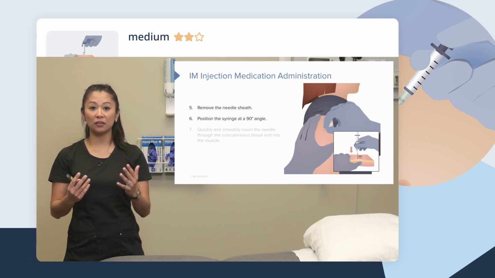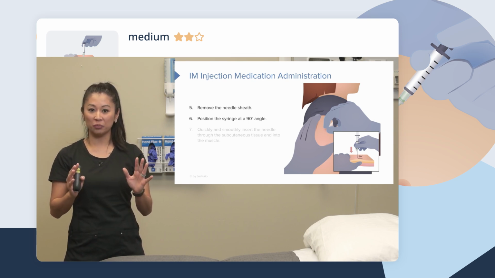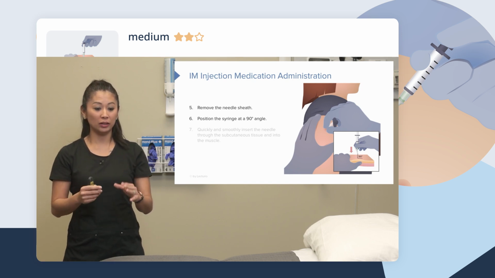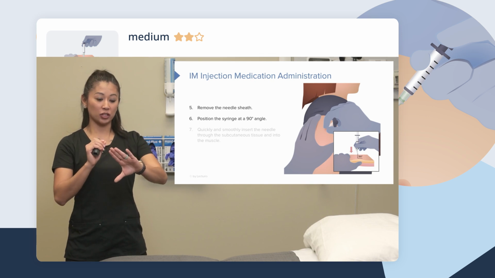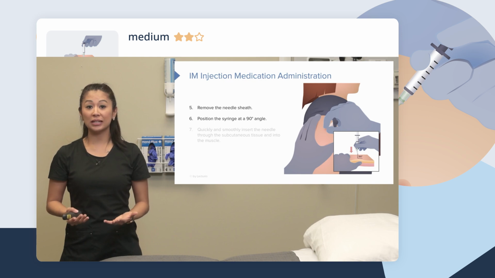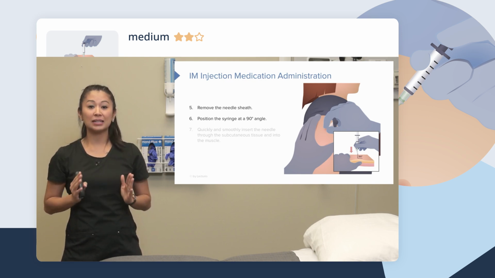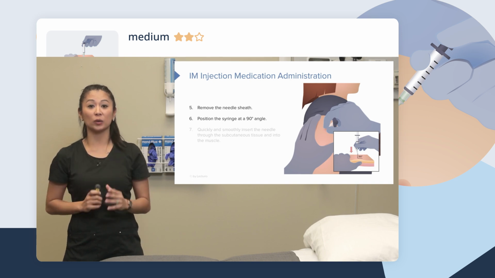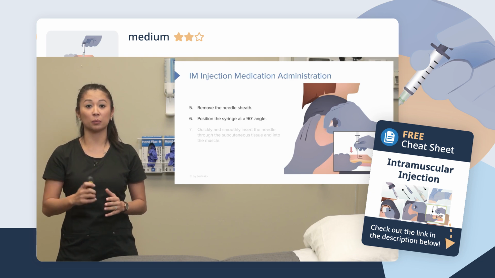When you go to give an intramuscular injection, you want to be head on. I'm not very tall, so this usually isn't a problem for me, but if I'm really tall and I need to inject a patient with their arm here, you can imagine me going at a 90, it's going to look more like this. So please make sure you position the patient, you position yourself to get straight on and go at a 90-degree angle for your patient. With IM injections, 90 degrees is the preferred method.